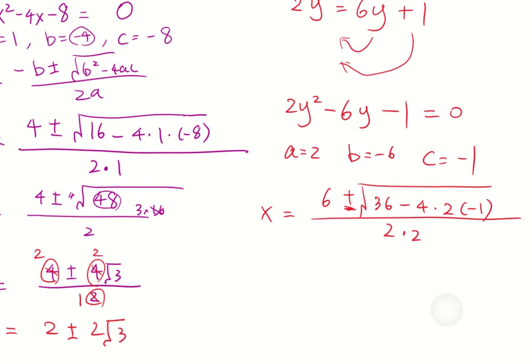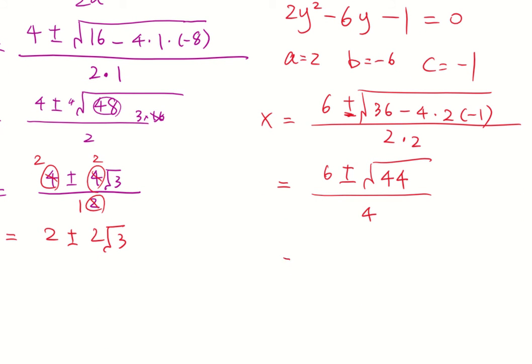Okay, simplify this expression. You have 6 plus or minus square root of 36 plus 8. That's 44 here over 4.